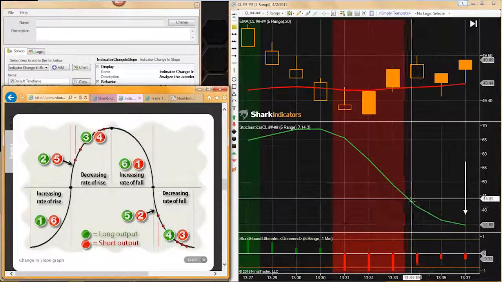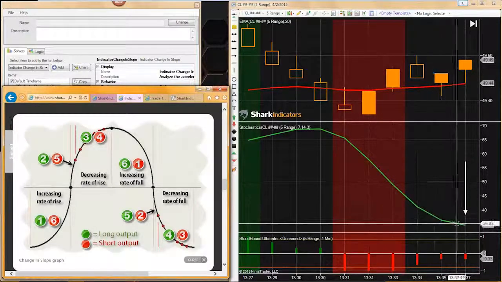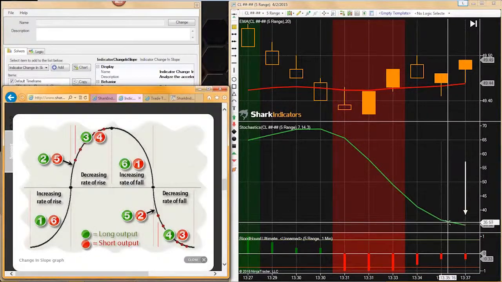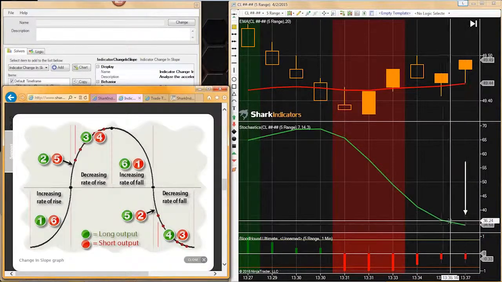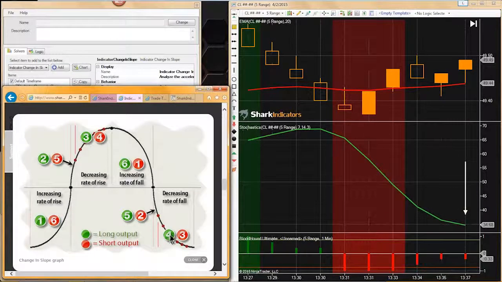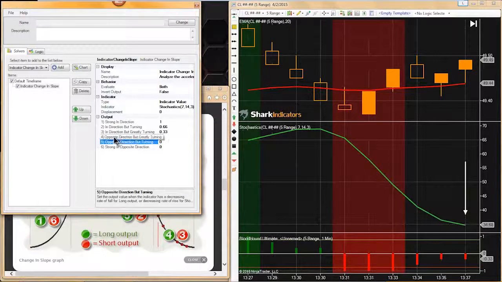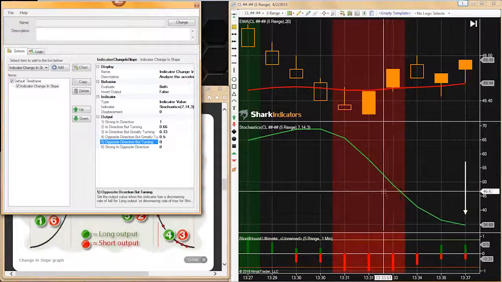So as the stochastic is beginning to flatten out, if we wanted to get kind of a warning for the long side that this is flattening out and that we might get a reversal up, we could use output number 4 here, right? So the green number 4, we could use that right here. Let me put 0.5 in there just to illustrate.